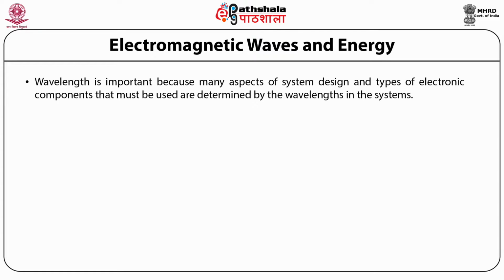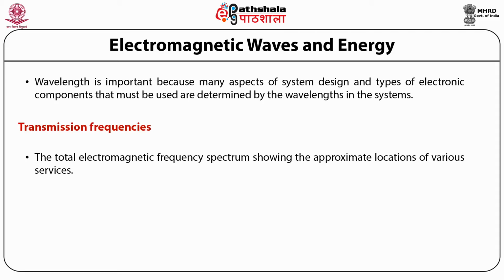Wavelength is important because many aspects of the system design and types of electronic components that must be used are determined by the wavelength in the systems. The next important parameter is the transmission frequency.